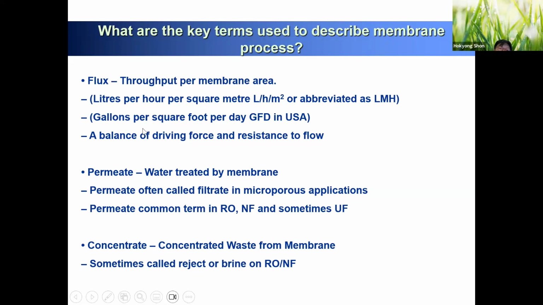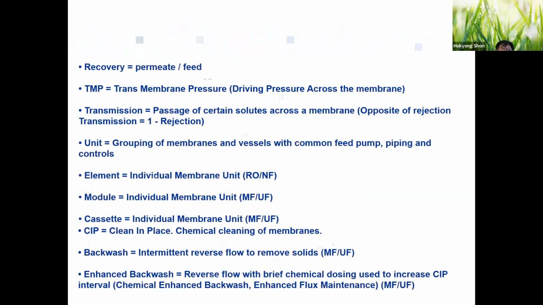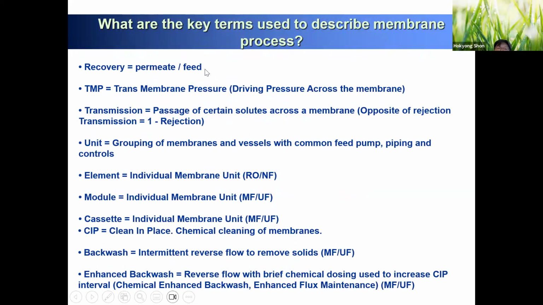So that's the flux and permeate. Permeate is water treated by membrane, right? And concentrate. Concentrate is like waste from the membrane. So you have pure water and very high concentration salt, brine, or concentrate, we just say. And then how you can handle this. And recovery. Recovery is very important. So you have 1 liter of seawater.